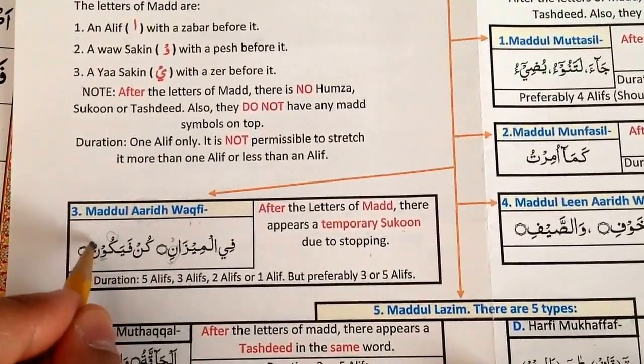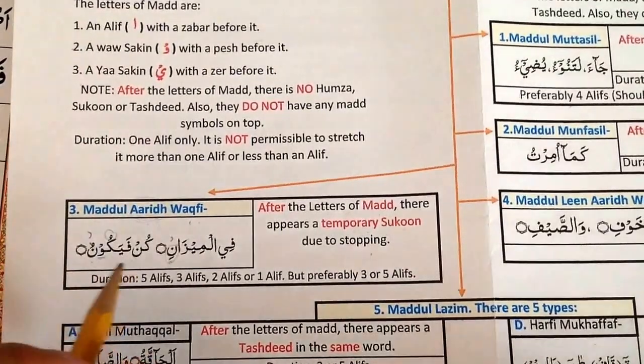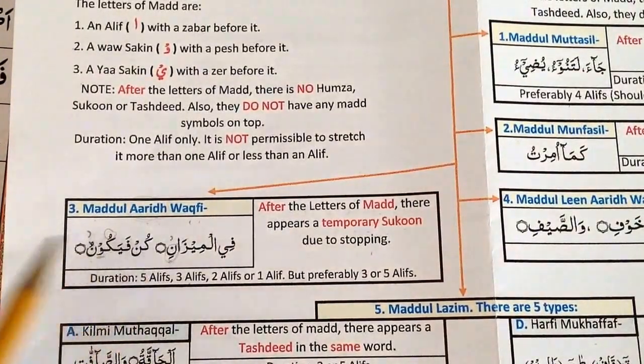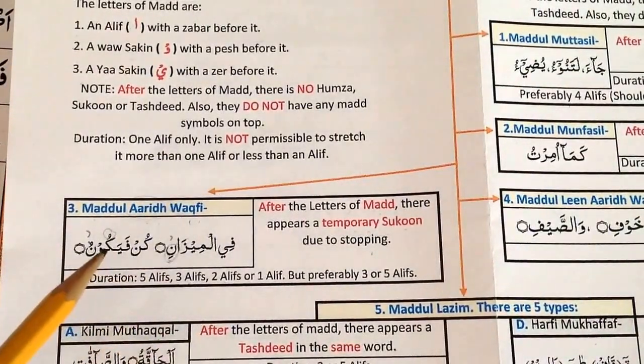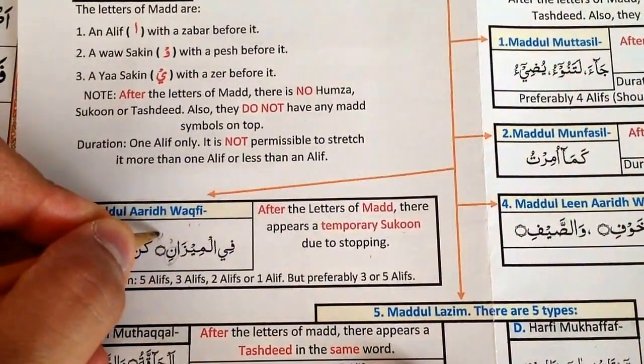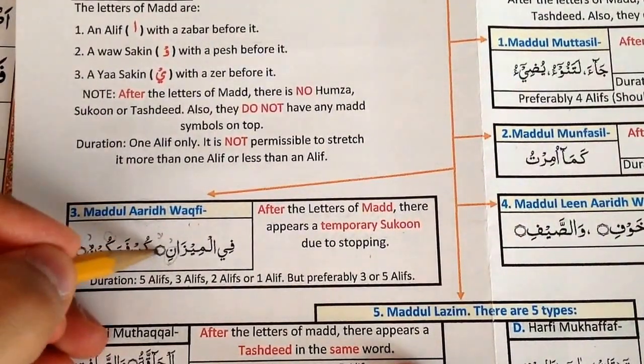So you give a temporary sukoon on top. Now, why are they saying temporary sukoon? The reason is that there are some places in the Quran where there is a lam alif on top of the ayah symbol.